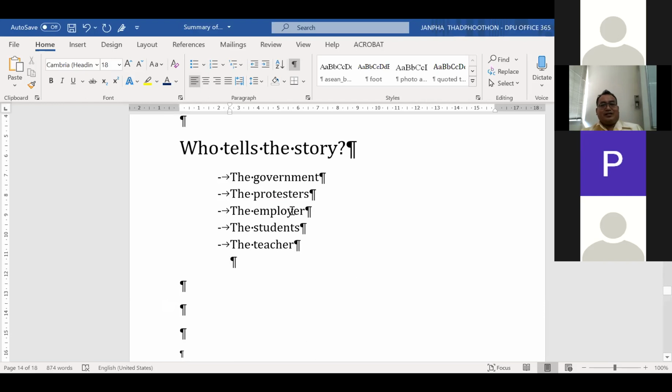Who is telling the stories controls the narrative. I want to repeat. The person or people who tell the story construct the narrative.